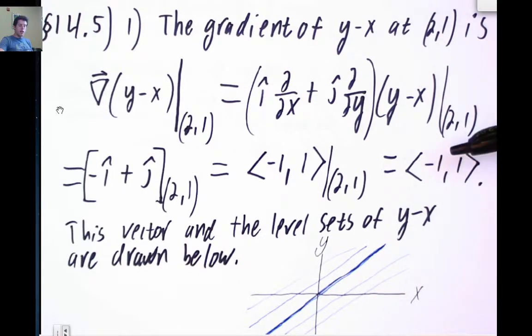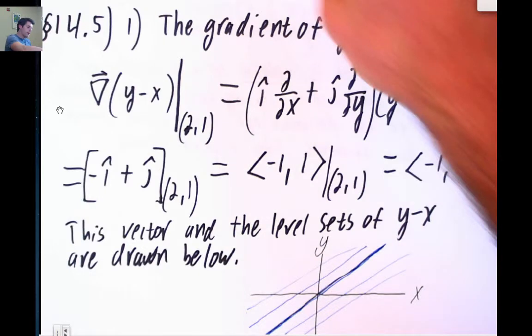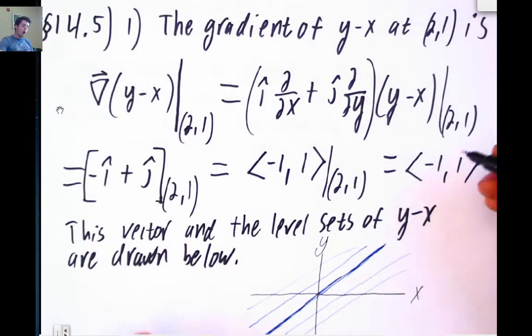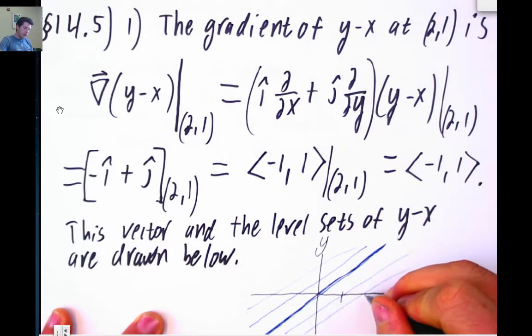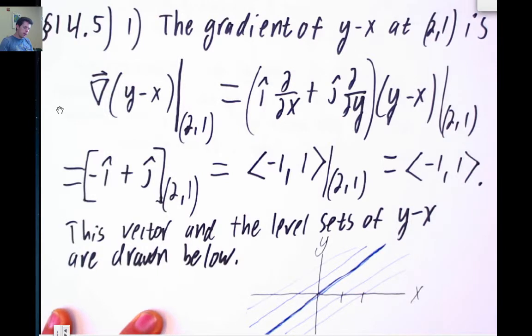And I am meant to draw the vector (-1, 1). Let's see, what does that look like? Oh, it's supposed to be at the point (2, 1), by the way. So let me draw the point (2, 1). You go out 1, 2, and then up 1. That would put me right here. And at that point, I should draw the vector (-1, 1).